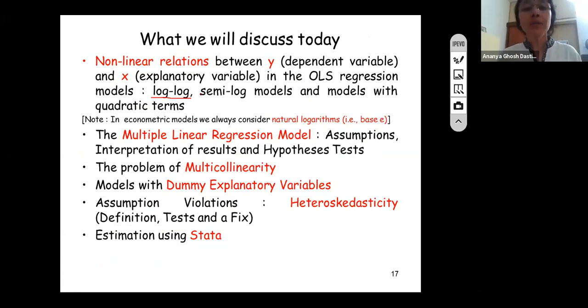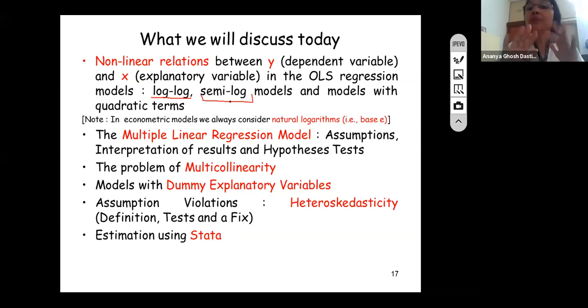Now, suppose I have a semi-log model. Then it depends what kind of a semi-log model. Suppose I have a semi-log model where I'm regressing log y on x. Then take the beta, multiply it by 100. What is it giving? It is giving the percentage change in y for a unit change in x.